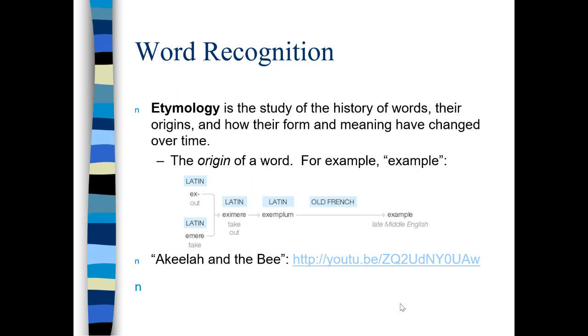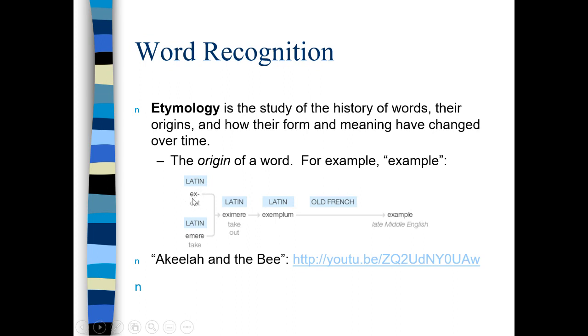So the term that we're going to focus on, and I mentioned it earlier on another slide, is etymology. We're looking at the history of words and the origins of words. A lot of the words that we use, you can tell the origin of the word based on parts of the word itself. For example, just looking at the word example, we can tell that X means out.